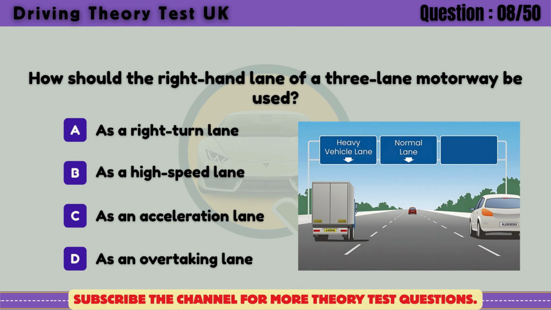Question 8. How should the right-hand lane of a 3-lane motorway be used? Option A. As a right turn lane. B. As a high-speed lane. C. As an acceleration lane. D. As an overtaking lane.